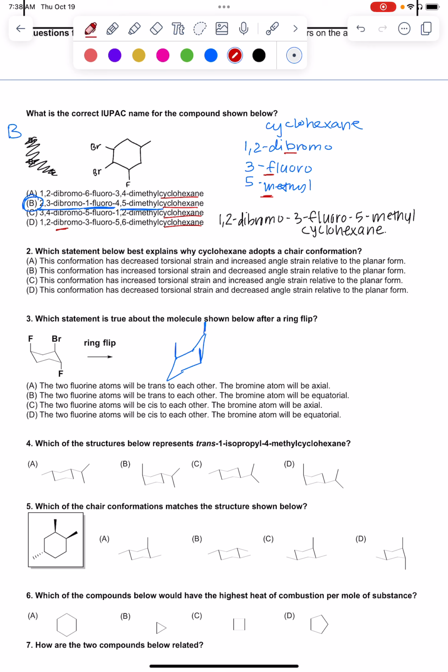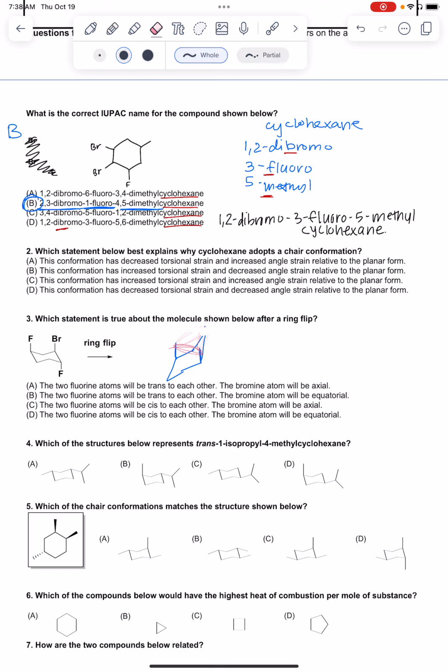This is the interaction between these 2 atoms, these 2 atoms, and these 2 atoms. And I showed you on the model kit that the 3 that are sticking straight up will interact with each other. The same happens for the 3 that stick down. They interact with each other as well.